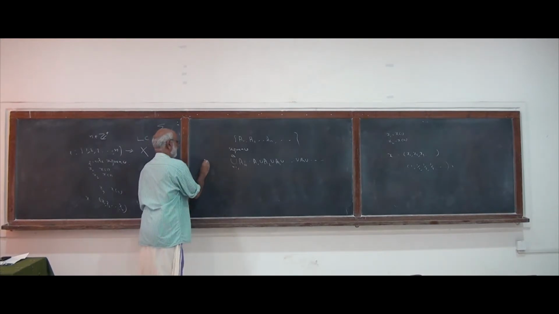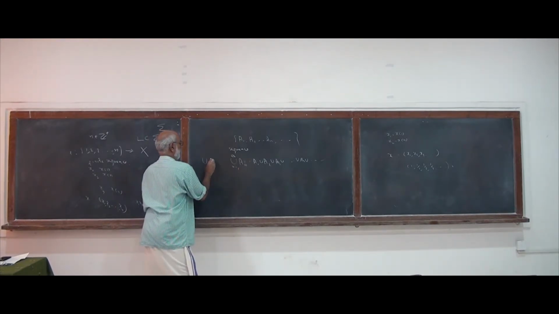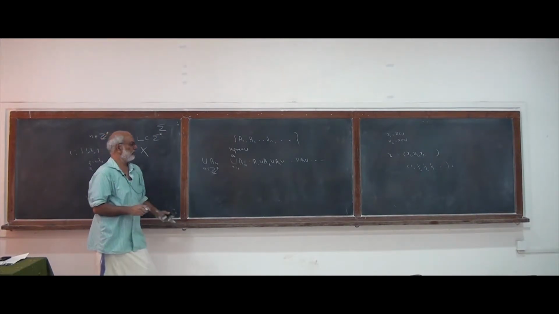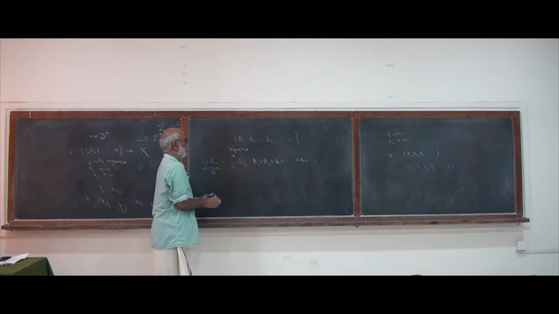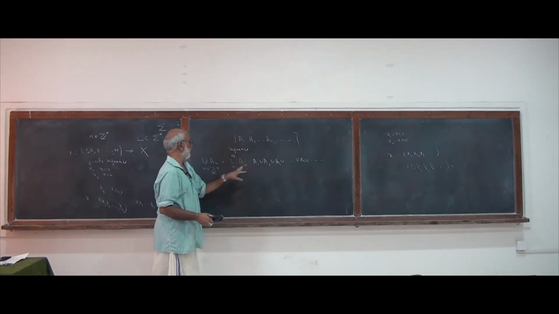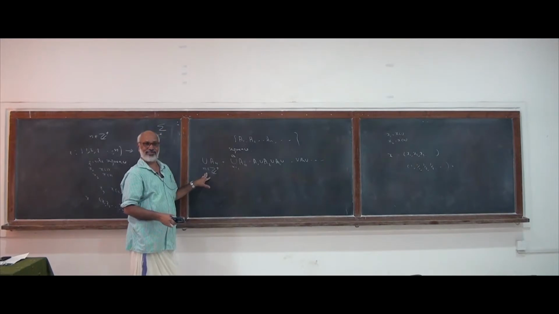Or sometimes you will be writing like this also, A n where n is in the positive integers. So this union of a sequence of sets we can write in this way, or even this way.